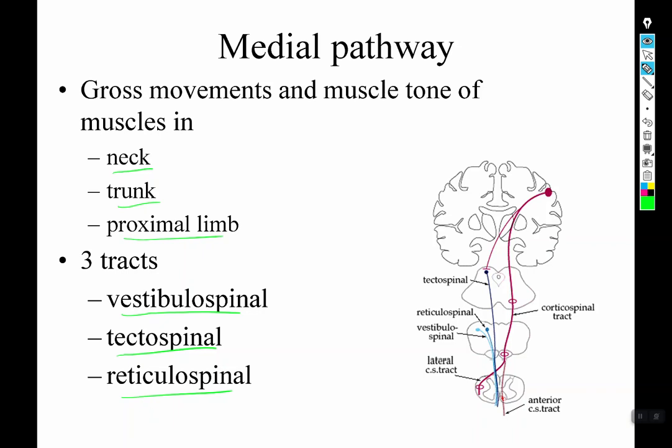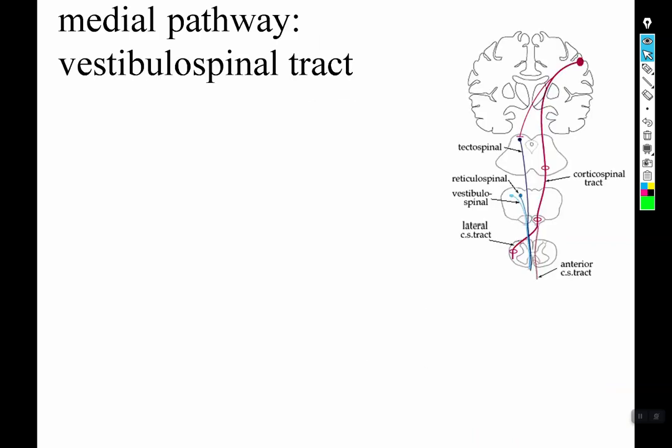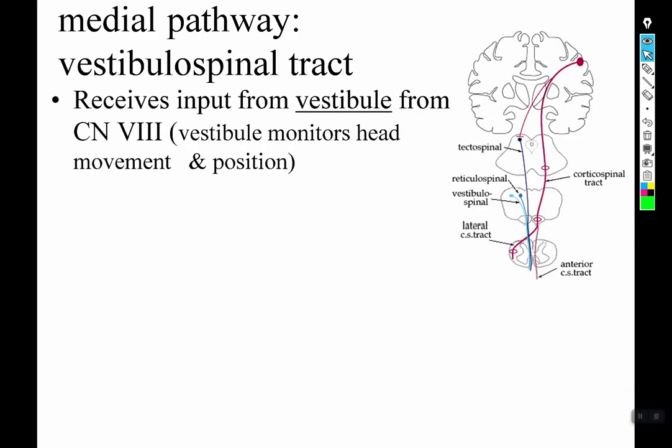So the vestibulospinal tract, unsurprisingly, receives input from the vestibule via cranial nerve 8, which is our vestibulocochlear nerve. And so that's going to, of course, keep track of where your head is in three-dimensional space, and also if it's moving angularly or if it's moving linearly.